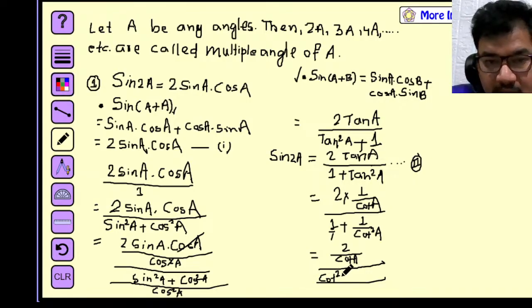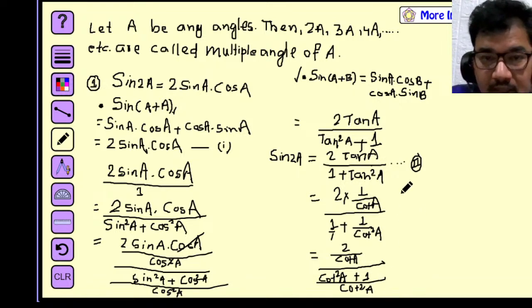This cot square A is multiplied with 1 into cot square A, and this side is 1. Then this cot square A will come here as the LCM.